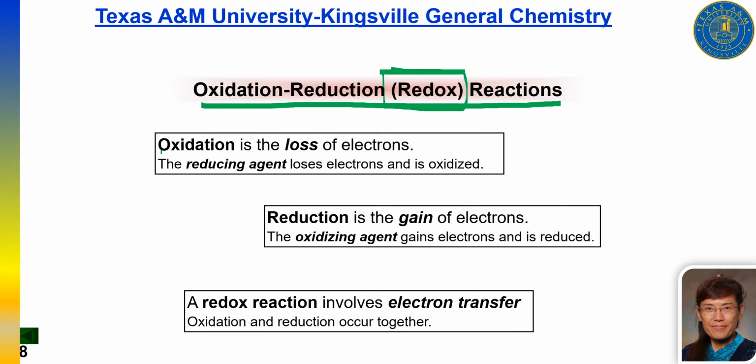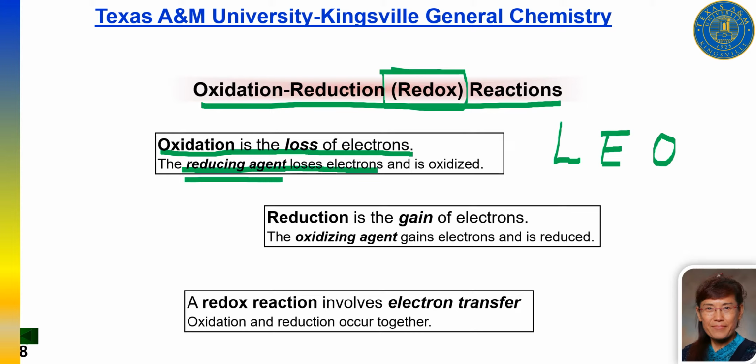Number 1, oxidation is the loss of electron. Loss of electron, people also call it LEO. Oxidation reaction involved in the electron loss. Your reducing agent normally loses electron or electrons.